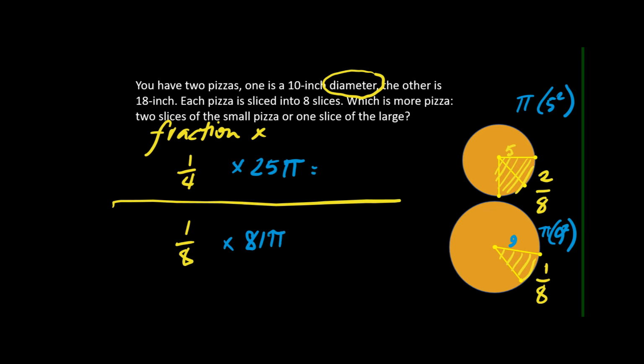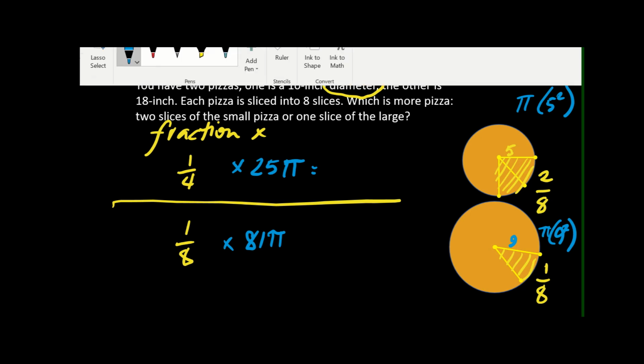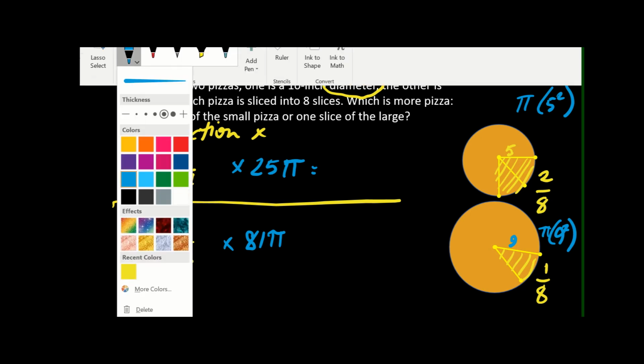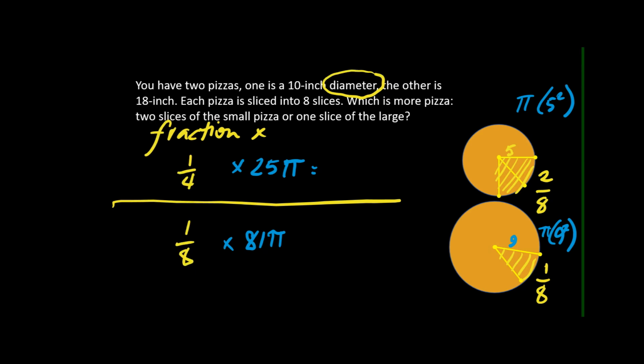So this might not be obvious at first. We might need to go ahead and do the division on our calculator. We get 25/4 pi, which is, by the way, 6¼ pi. Right? 24/4 would be 6.